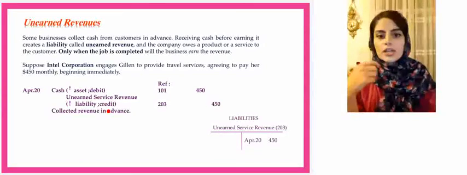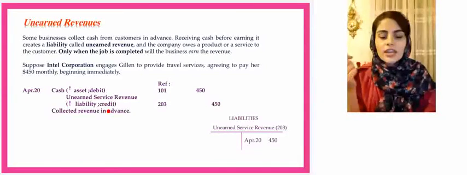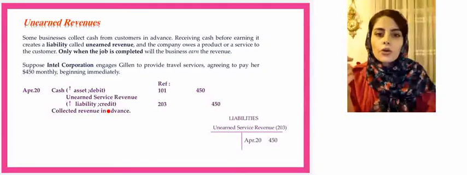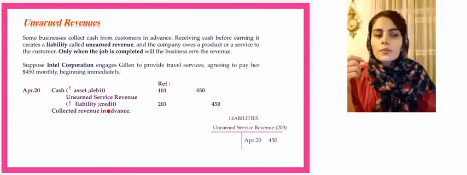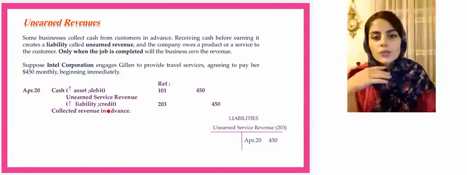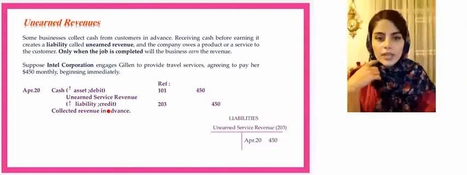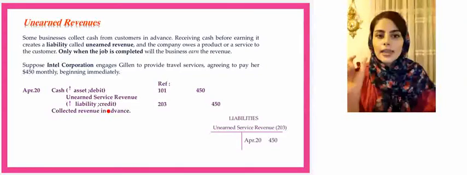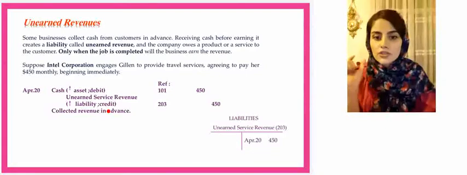For example, Interco Corporation engaged Gillen to provide travel services, agreeing to pay her $450 monthly beginning immediately. As you can see, the entry happened on April 20th, and the accounts are cash and unearned service revenue.